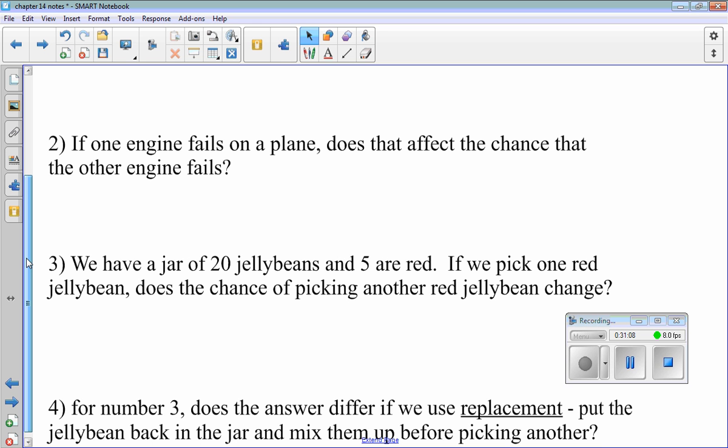If one engine fails, the other one's going to work. It's going to have to work harder. Yeah, that's what we were all thinking. Right? So if one engine fails, we turn it off. Now the other engine has to work twice as hard, right? So that is an example of a dependent situation. It's not very obvious at first, right? Sometimes you think, well, one's not going to affect the other. They're two totally separate things.